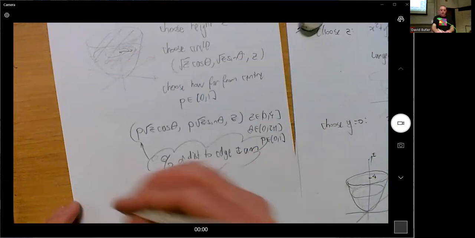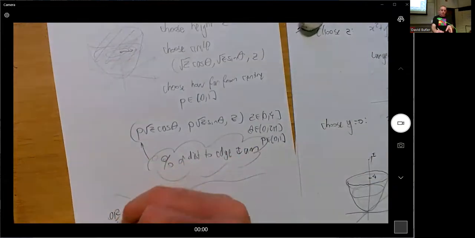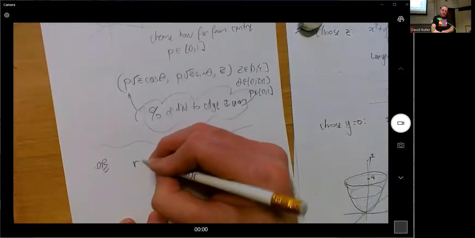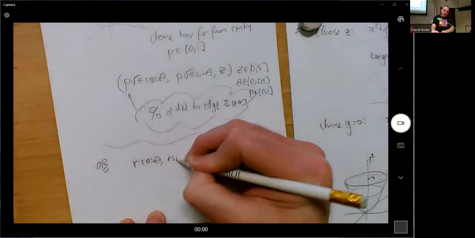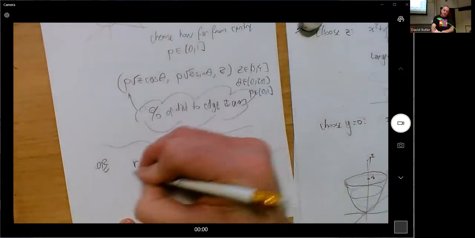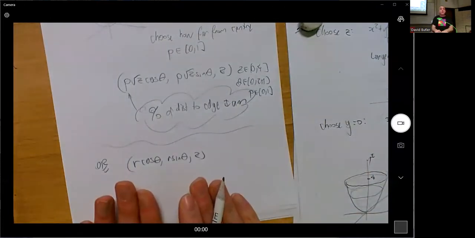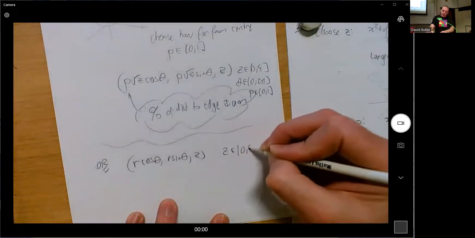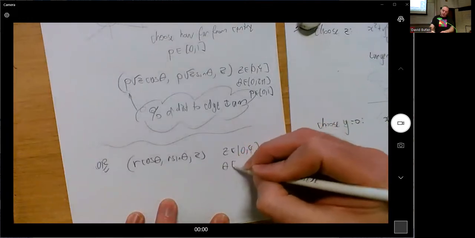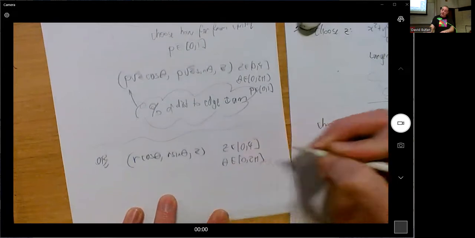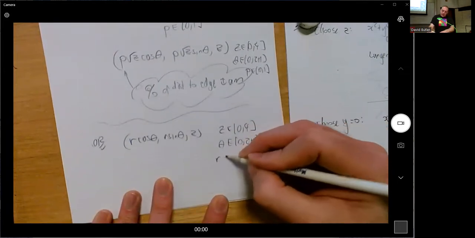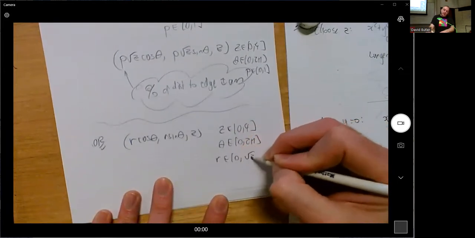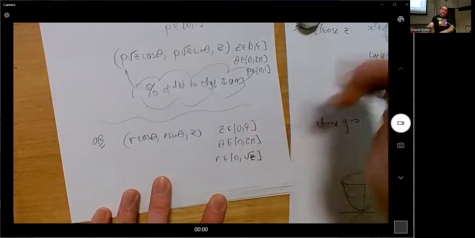So just as an aside, I could have said r cos theta, r sine theta, z, which is proper cylindrical coordinates. And that would have been z is between 0 and 4, and theta is between 0 and 2 pi. And r is between 0 and whatever root z is, and it will be different for different zs.